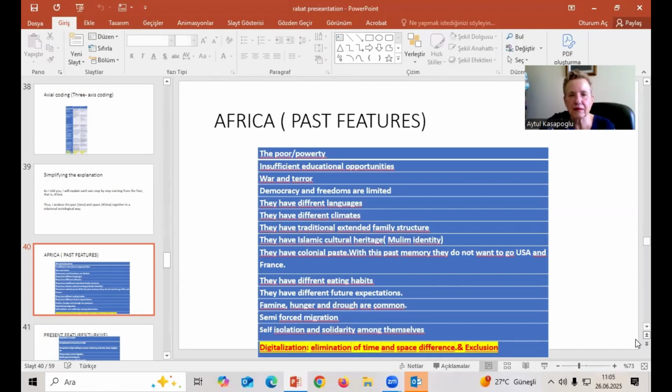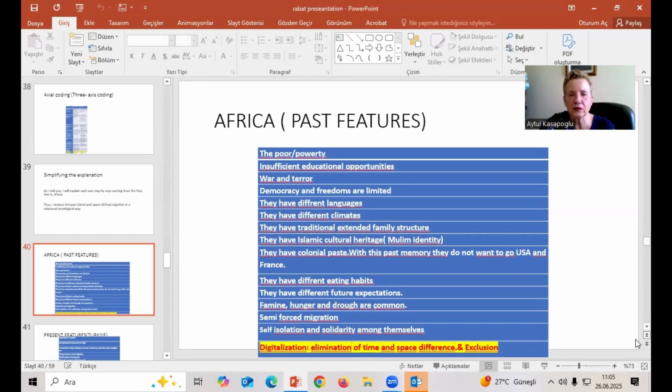They have different languages, different climates, traditional extended family structure, Islamic cultural heritage, and a colonial past. With the past memory, they do not want to go to the USA and France. They have different eating habits and different future expectations.